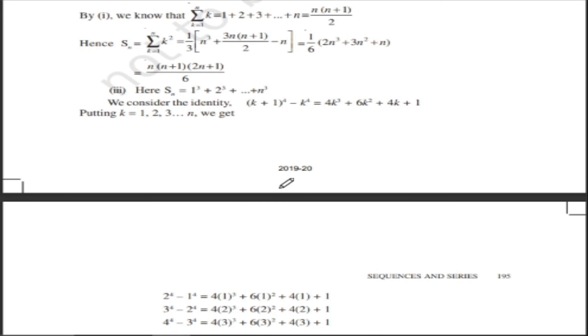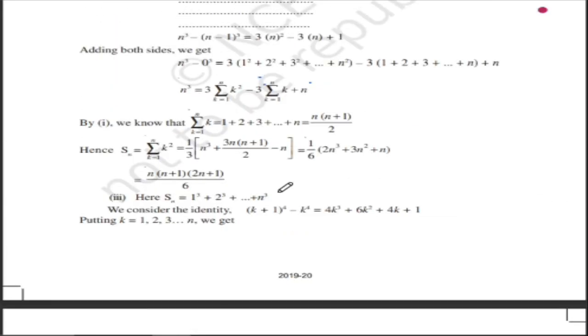It's good to have them on your fingertips. For k cube, use the same version of this formula. They just replace the power by 4. Okay. And exactly the same technique is followed. And so on, you can find this for k raised to the power 5.